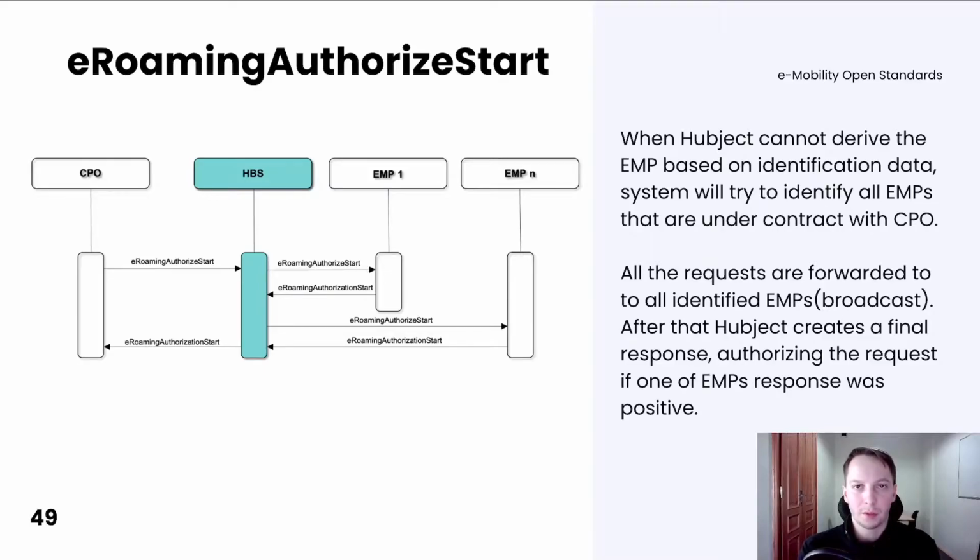Then it will forward the request to all of those EMPs and wait for a result. This process is called broadcasting. After every EMP responds to the request, Hubject will check if only one response was positive. If that's true, the charging process can be started and the provider ID is known. If not, then this operation cannot be authorized.